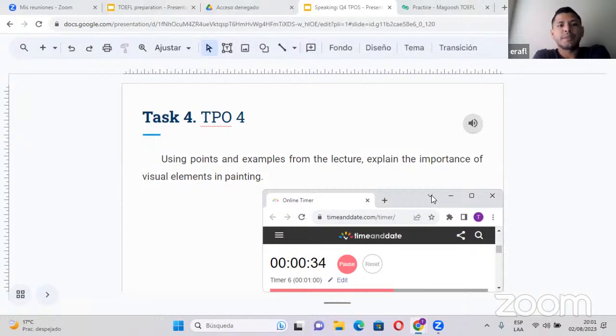For example, there are colors that present stronger emotions, and there are colors with soft emotions and cool emotions, for example. But also, when we are talking about visual elements, we can talk about texture. The texture can give us some ideas of the visual element.